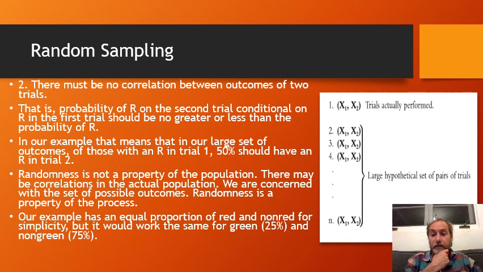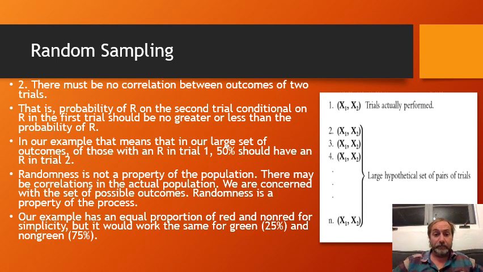The second condition for something to qualify as random sampling is that there must be no correlation between the outcomes of the two trials. If I pull an R in the first trial, that should have no effect on the probability of pulling an R on the second trial. It should be no greater or less than the probability. So what does that mean, cashed out in terms of our large imaginary set of trials?